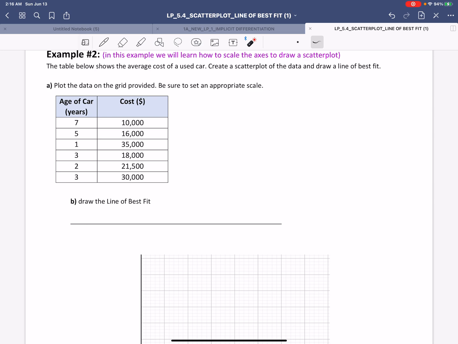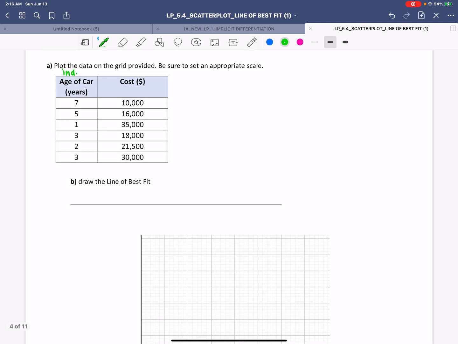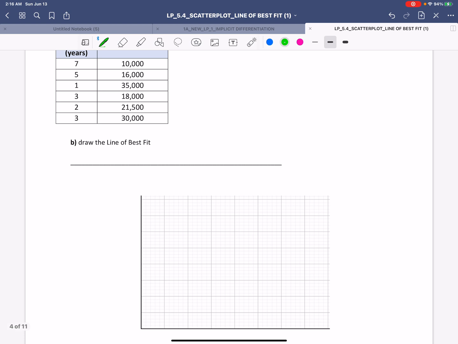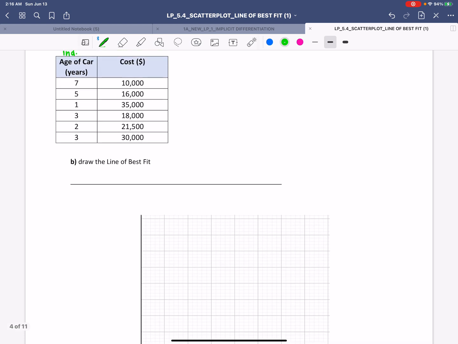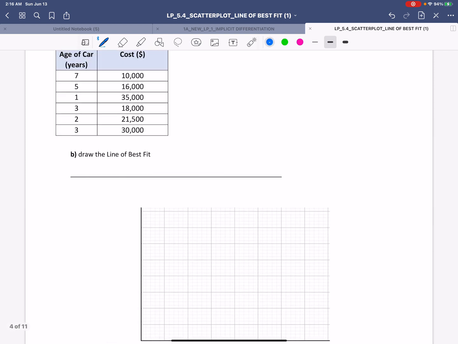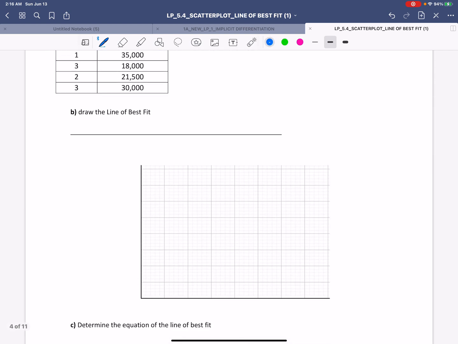So how do I plot the scale? First of all, keep in mind that the age of the car, which is in the first column, will represent the independent variable. And remember that the independent variable goes on the horizontal axis. So on the horizontal axis, we will have to fit numbers lowest 1, highest 7. And I will label the horizontal axis as age of the car.